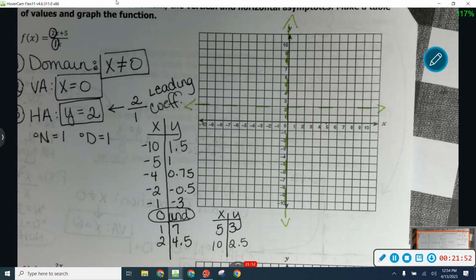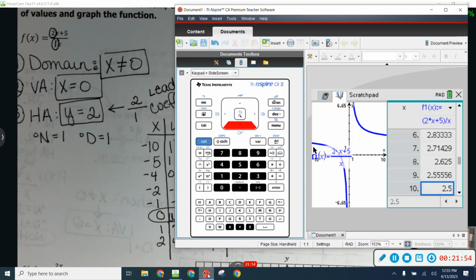Now you've got your calculator, so you should not have a graph that does not match your calculator. I get that all the time. So make sure whatever you graph from these points makes sense according to this graph on your calculator.